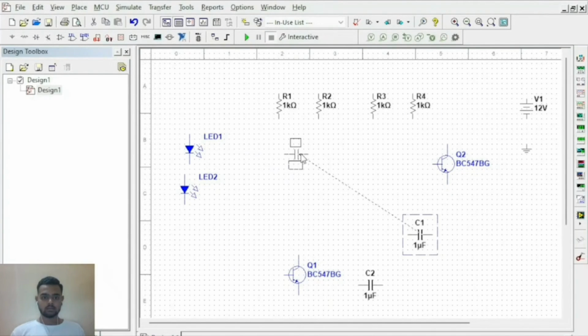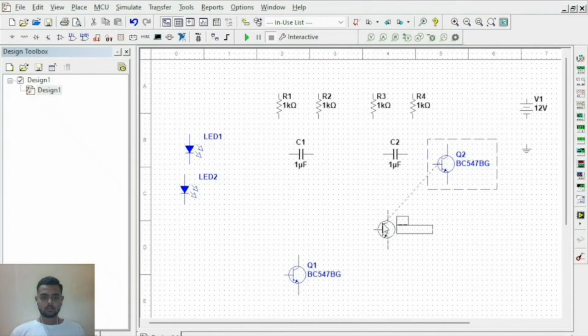Now we'll place 2 capacitors, one here and another here. Now transistors.